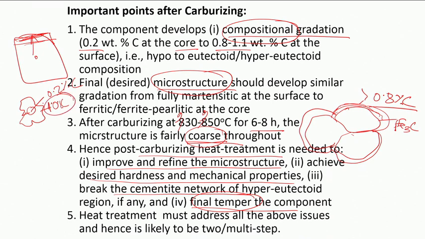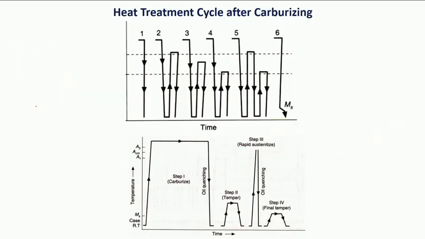So for this 1% carbon, we do harden from above the AC1 eutectoid temperature, but for 0.2% we harden or normalize or whatever, we do it from above AC3, which is fairly higher than that. So how do we match these two conflicting situations?